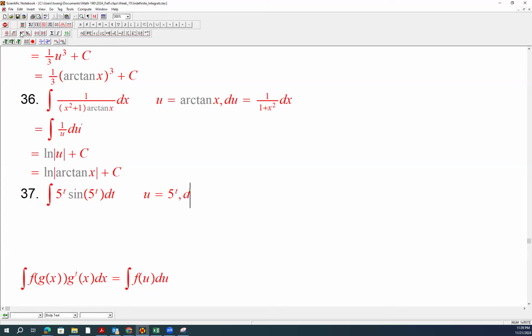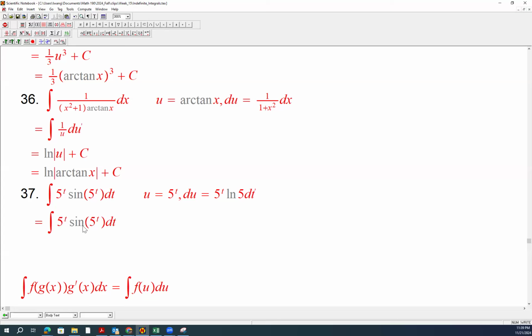So du equals the derivative of 5 to the power t, which is 5 raised to the power t ln 5 dt. So we have an extra constant there. We have an extra constant here. And go back to the substitution, right?